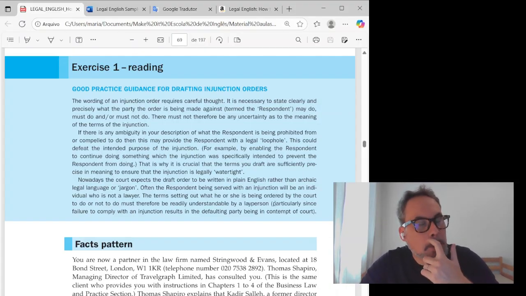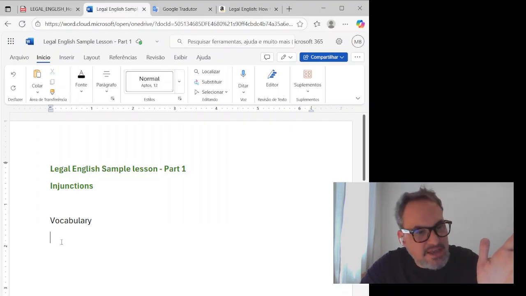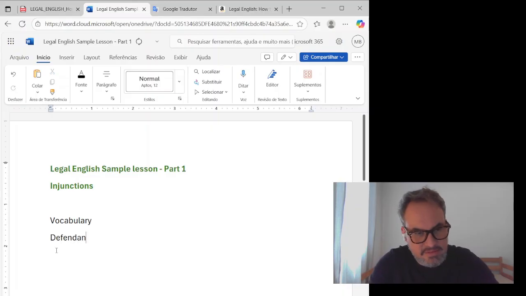So I suggest to you as a student, as a legal English student, to write down these terms you don't understand and check these terms, these vocabulary, on a good dictionary or on Google Translator, something like that, right? So the first one would be defendant. It's my point of view, okay?